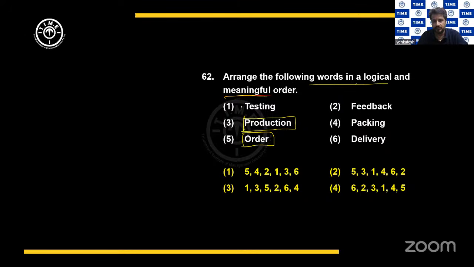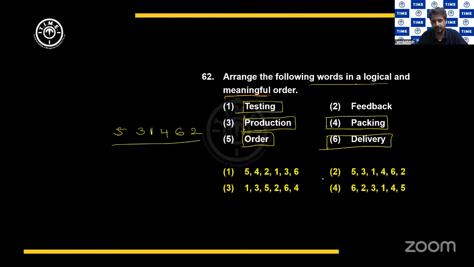After that, what they will do? They will do testing. After testing, what they will do? Packing. Means first order and then production and then testing and then packing. After packing, delivery. After delivery, feedback. 531462. Choice 2 is your answer. The order.